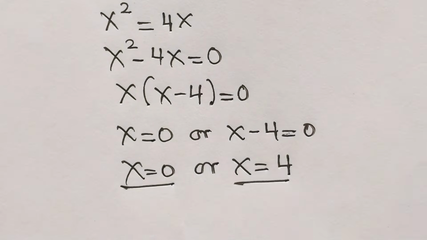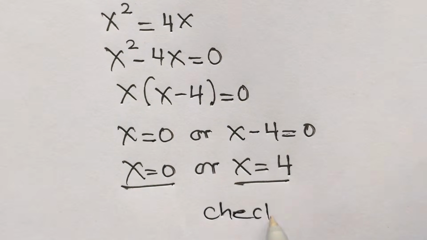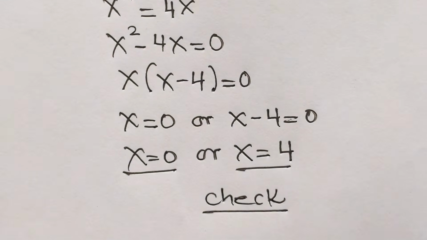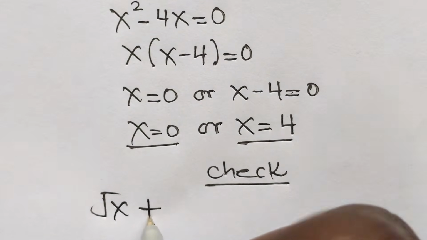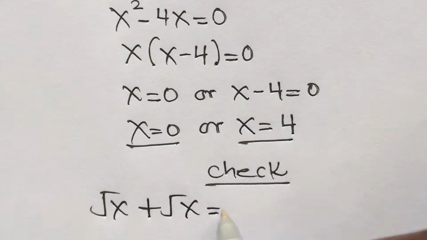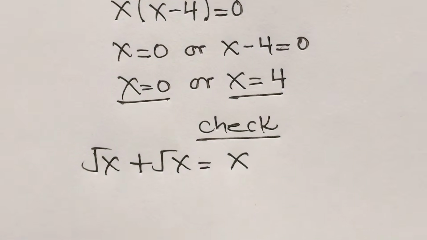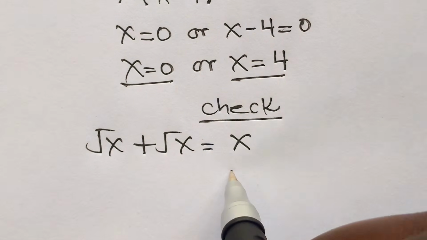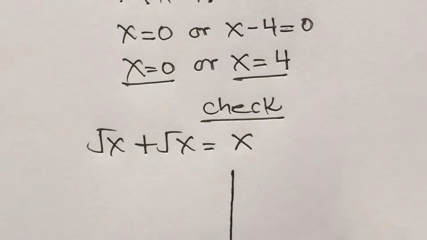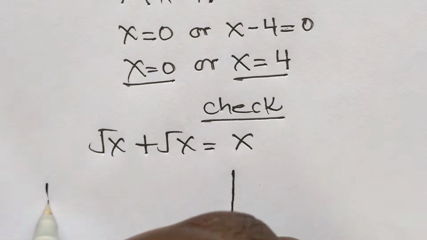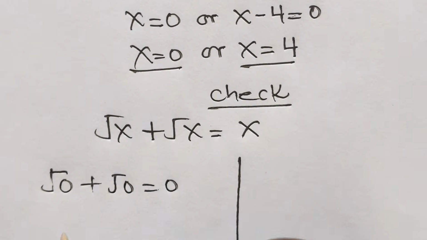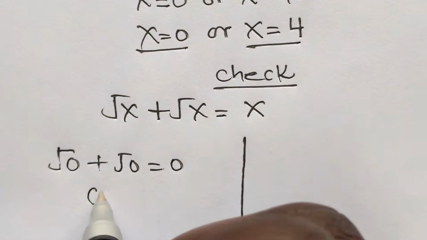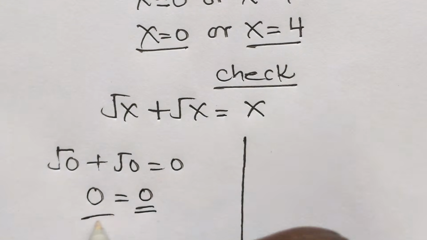Then we can check if our solution is correct, because we were given square root of x plus square root of x equals x. For x equals 0, we have square root of 0 plus square root of 0 equals 0, which is equal to 0.